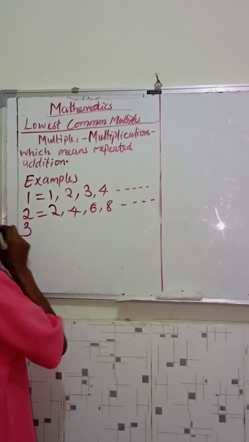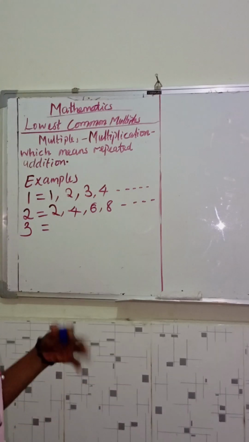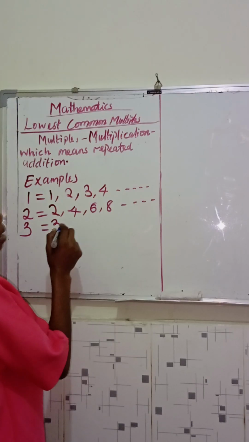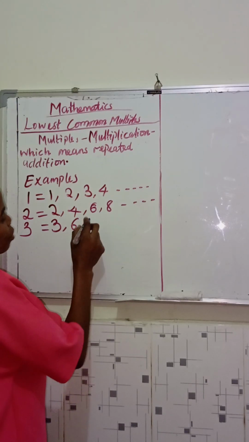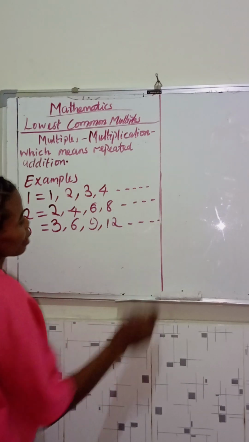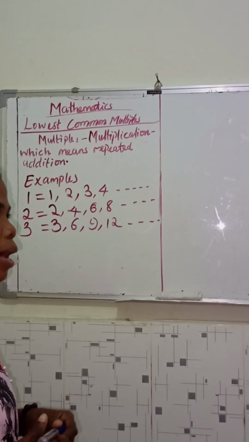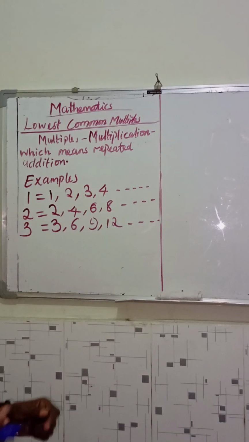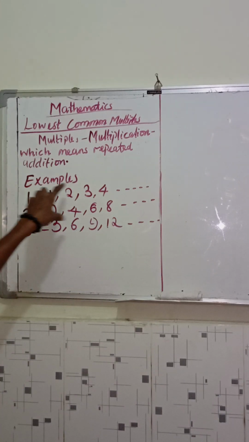And if I say 3, what are the multiples of 3? I go 3 times 1, 3. 3 times 2, 6. 3 times 3, 9. 3 times 4, 12, like that. Now, what if you're told to find common multiples? These ones are just multiples.